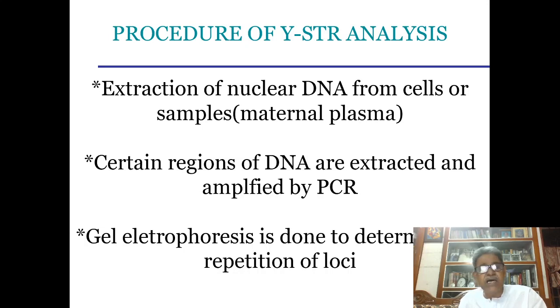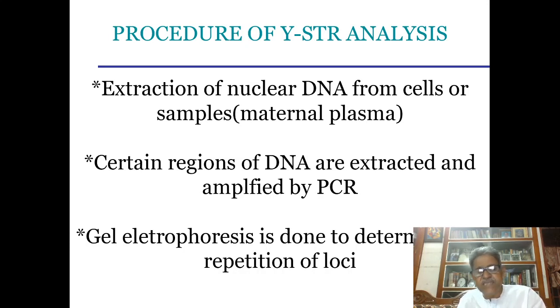Now, the amplified DNA from the PCR is analyzed, and the repeats are looked for by gel electrophoresis. If the repeats are found in large number, that determines a male child, as it is found in the Y chromosome.